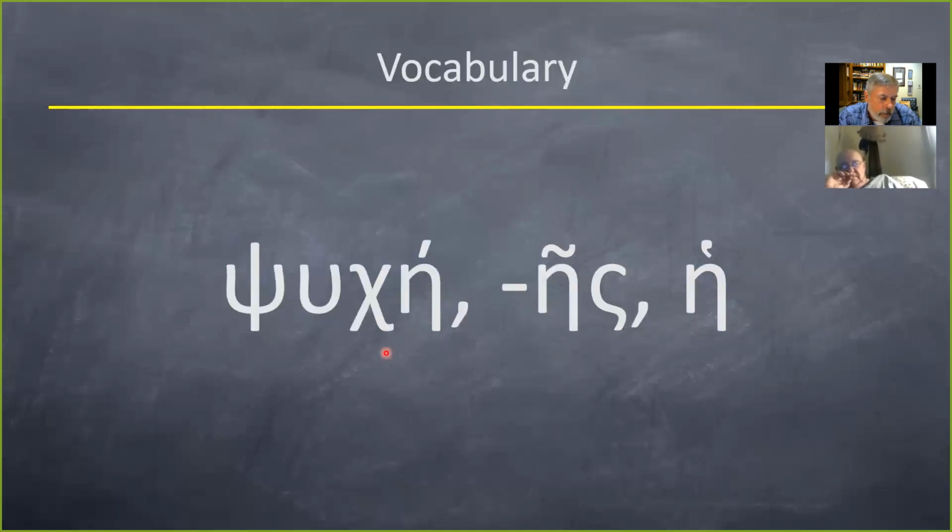Next week, what we'll do is spend time on chapter 14. Let's do the same homework, chapter 14: the parsing, all the warm-ups, and the even number translations.